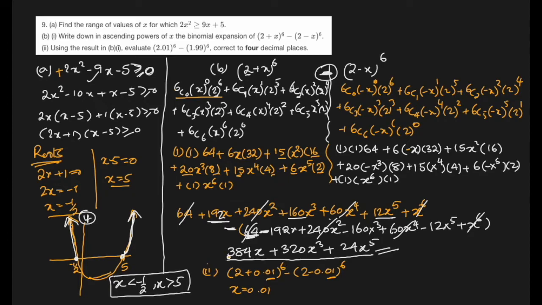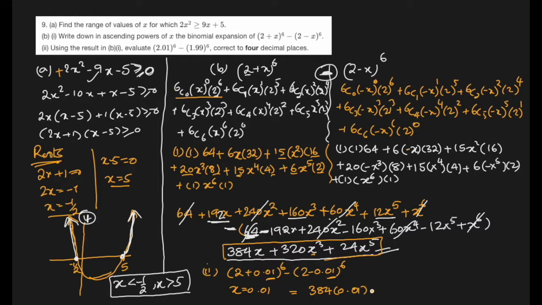So now we have our whole expansion ready. We'll just substitute each x by 0.01 and we'll get the solution. So let me write it here. 384 is first, times 0.01 to the power how much?